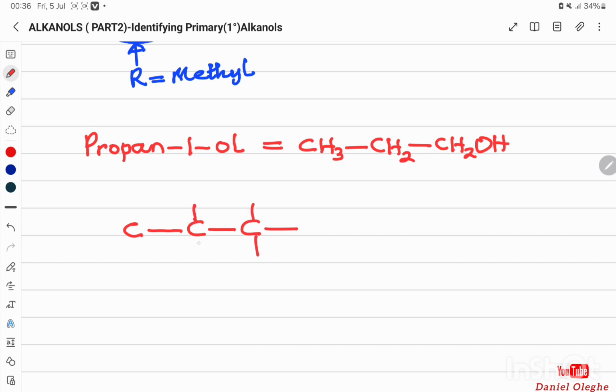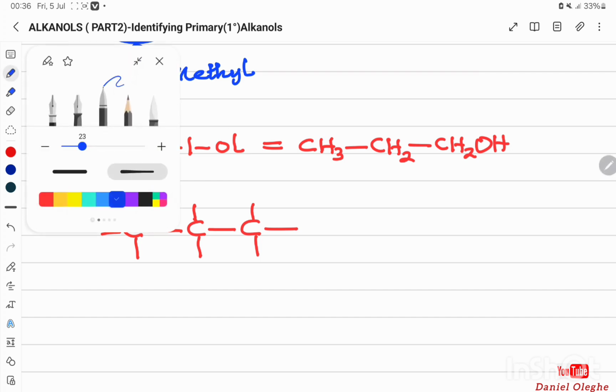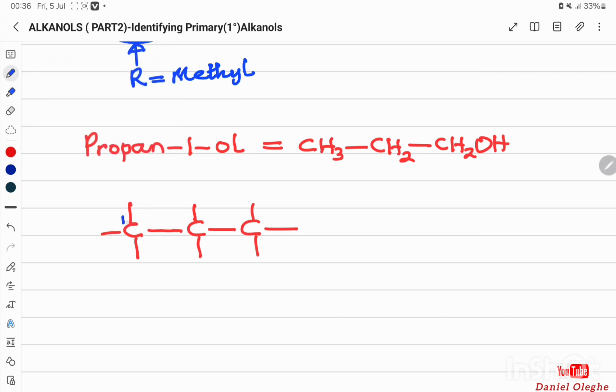Don't forget that the carbon atom in the chain that bears the hydroxy group is also known as a terminal carbon. Any carbon atom called terminal carbon is a carbon atom at the end of the carbon chain, either the first or the last in that chain. Like in this case, we have the first, the second, and the third.